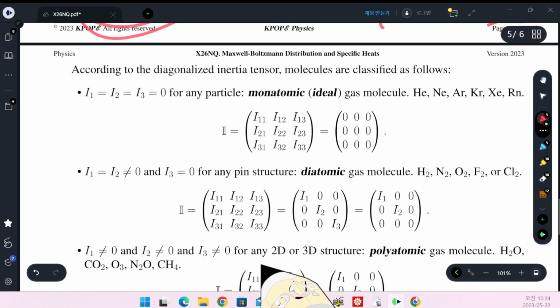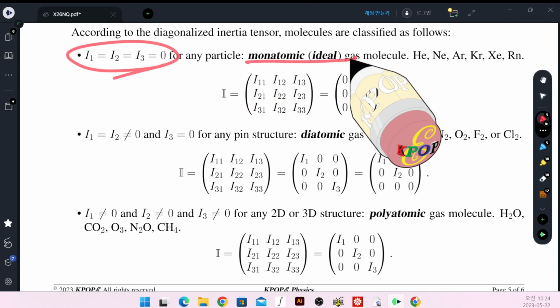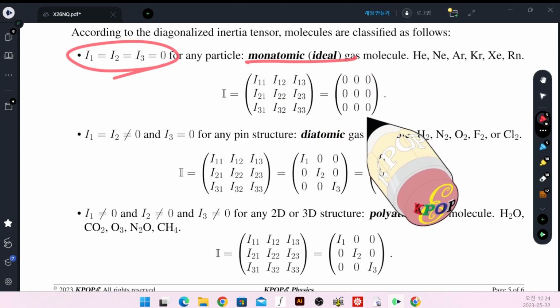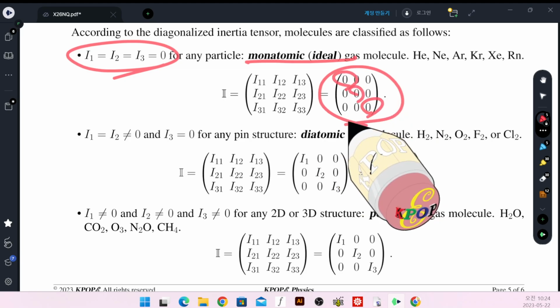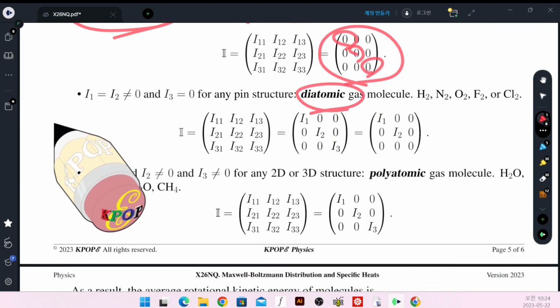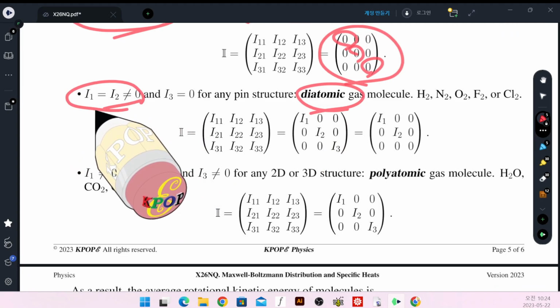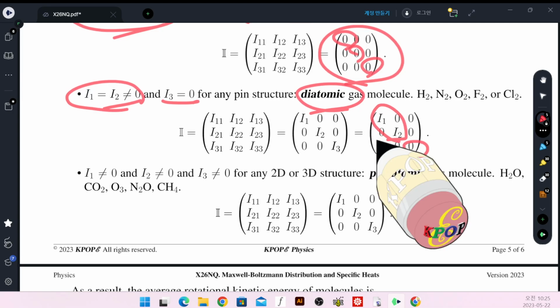As a result, for a monatomic molecule, which is just a point-like system, we have a completely vanishing inertia tensor, giving the three principal values as 0. If it is diatomic, just like a pin structure, we have two components non-vanishing, and the third one vanishes. So two non-vanishing components survive.